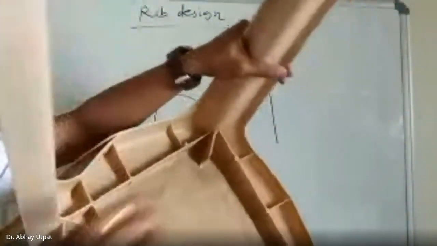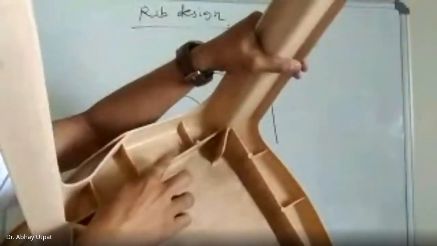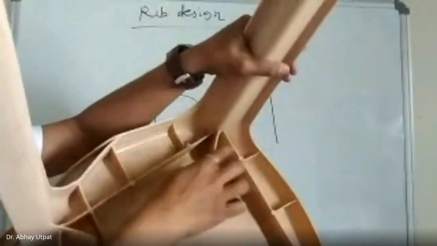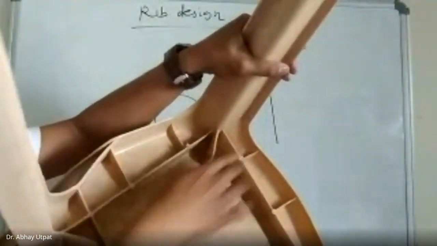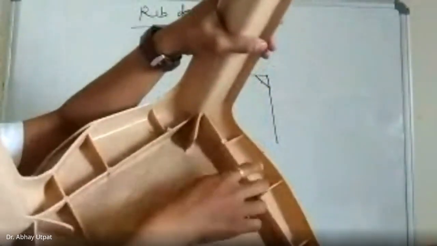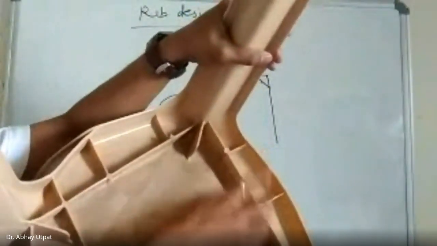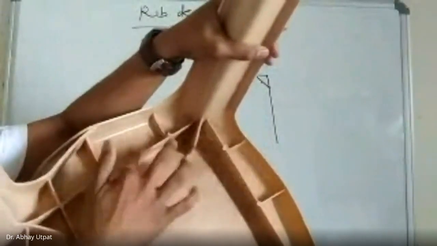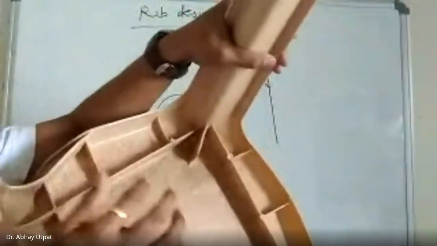Now let me show you this chair. See, in this chair, all these are ribs. What is this? These are called as ribs. Wherever you are observing, this is extra support provided for increasing the strength of this. This is called as rib.